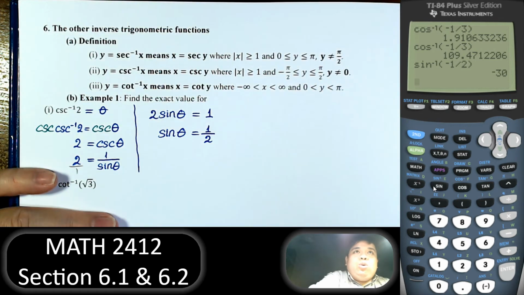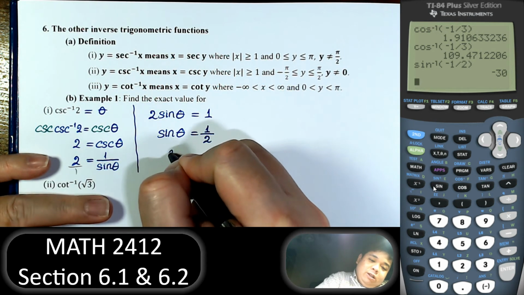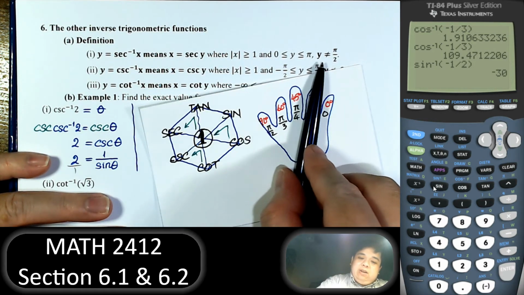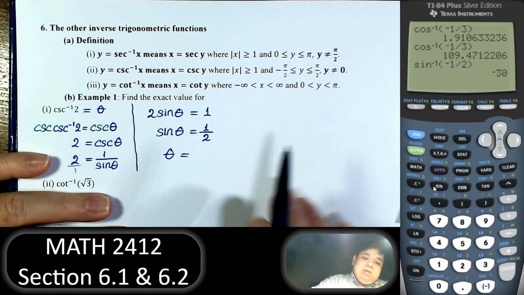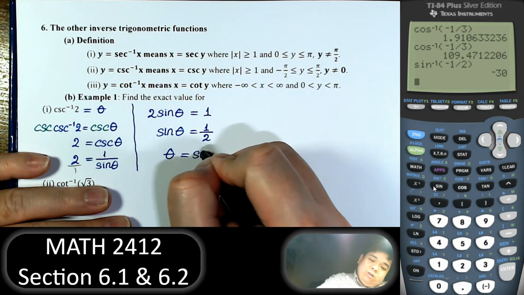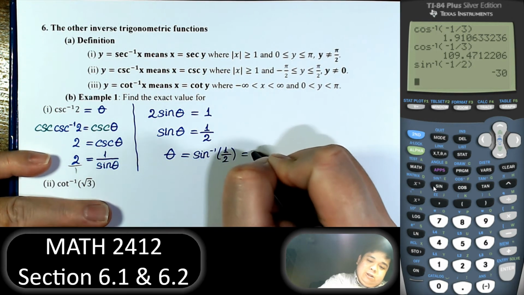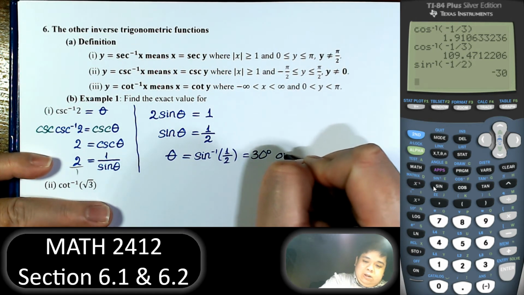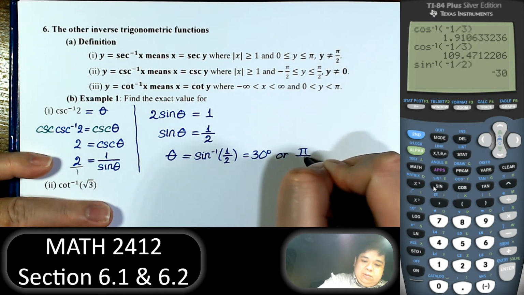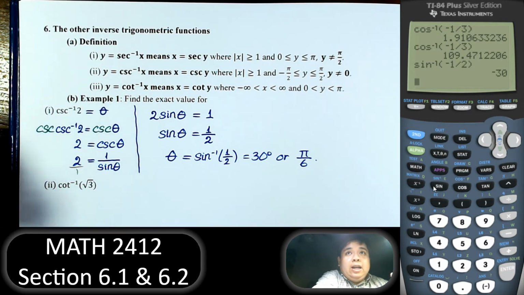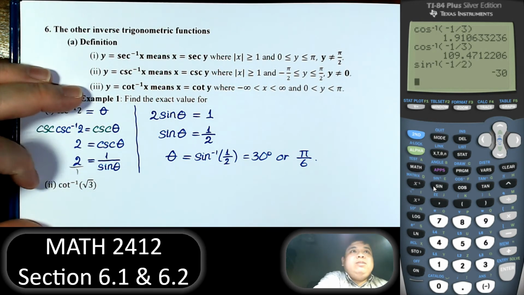Now sine theta is equal to 1/2. So what is theta equal to? Sine of 30 degrees is 1/2. Of course, you can do the inverse also. So cosecant inverse of 2 is pi over 6. Simple enough.